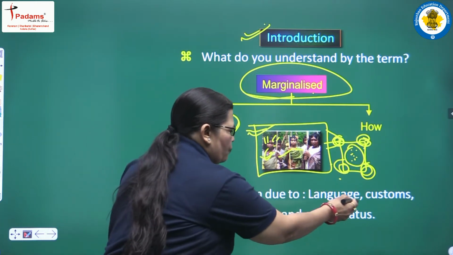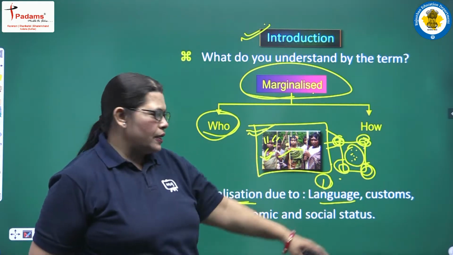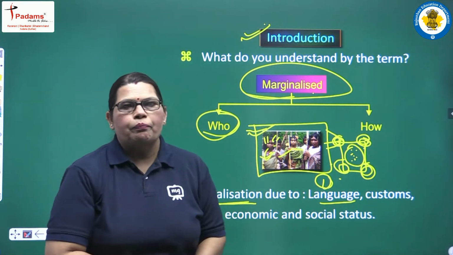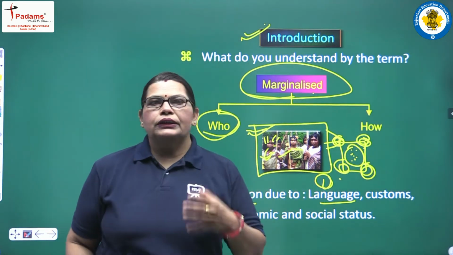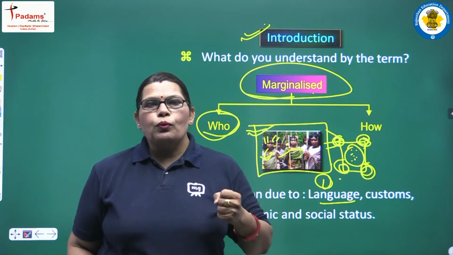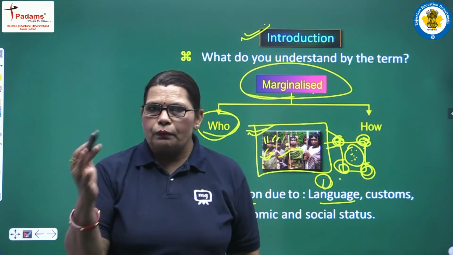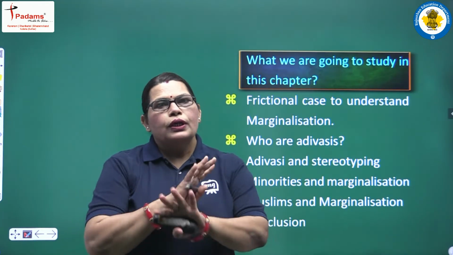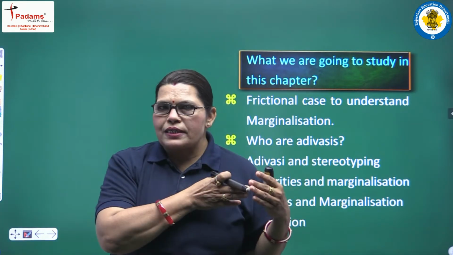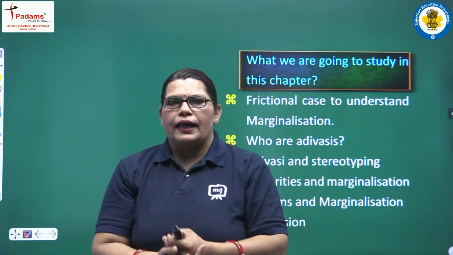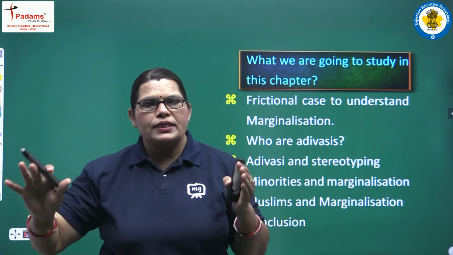So on the basis of language we marginalize, and also on the basis of customs, religion, and economic and social status. These are the main things on which we marginalize or categorize a person. So this concept should be clear in your mind: how a person is marginalized and who is marginalized among all the students in the class.